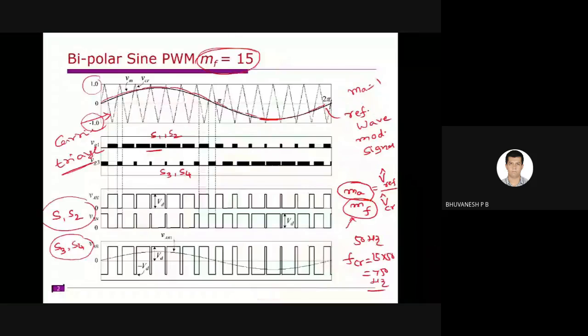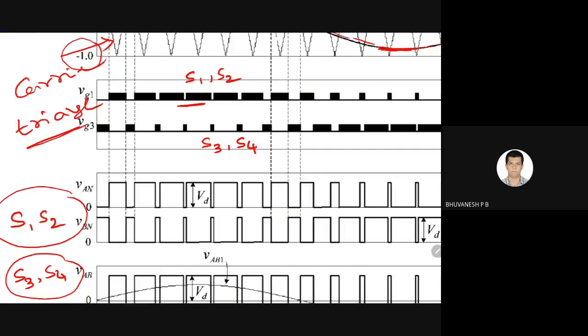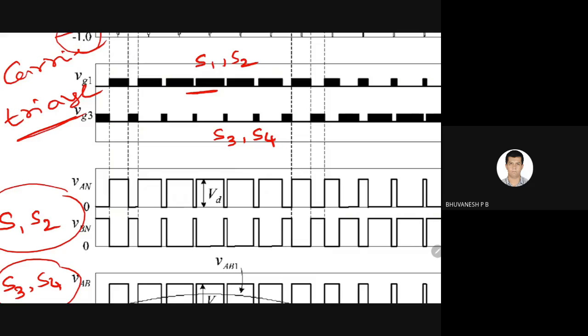So in case of this one, when S1 is on, what is the voltage VAN? VD. The voltage is VD, so that is plus VD here.